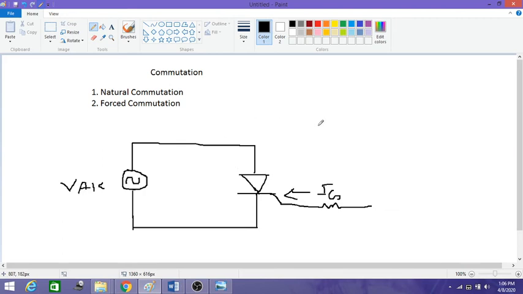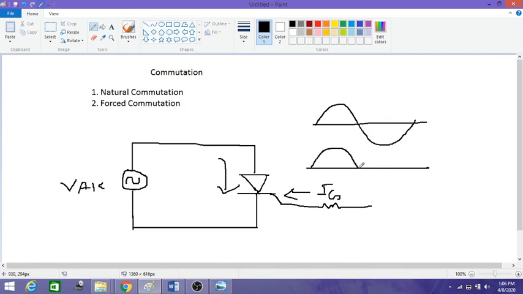During the positive cycle, this diode is on. We apply the gate current, and the SCR is on. There is a flow of current, so we get a waveform like this.